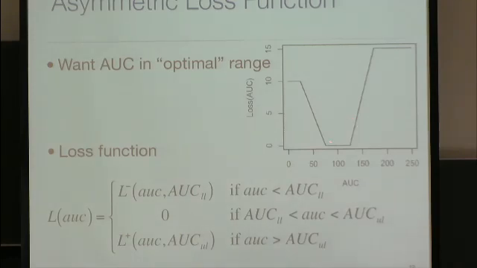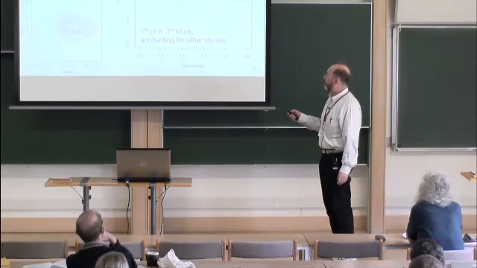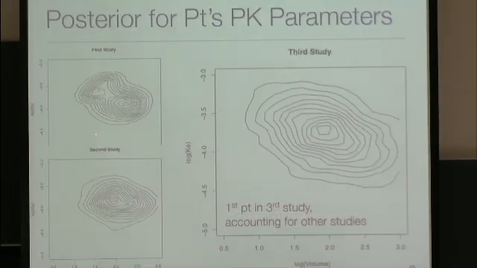But we can characterize or come up with some sort of loss function working with our clinical colleagues. For a given patient, we might have historical information from previous studies of the relationship between two parameters in, say, a one-compartment model. In this case, we have volume and the elimination rate constants. So we might have different studies that give us some idea of the distribution of these two parameters, the joint distribution across the population.